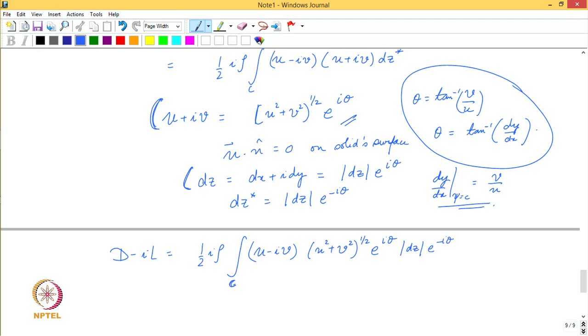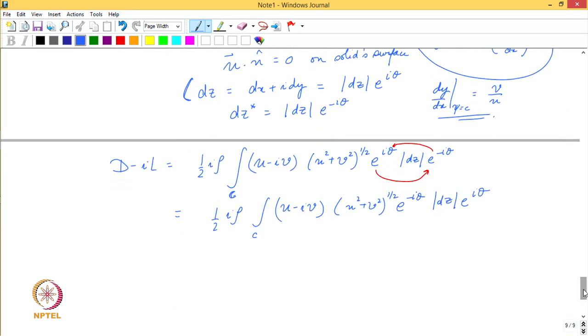Essentially, this is the integral that we have to compute. What I can do is rearrange this. By rearrangement, I mean I can just move them from their places. So, I can say that this will be (u minus iv) square root of u square plus v square times e to the power minus iota theta times modulus dz e to the power iota theta.